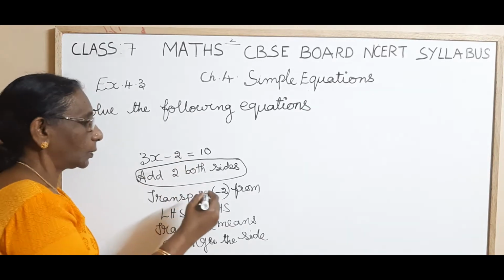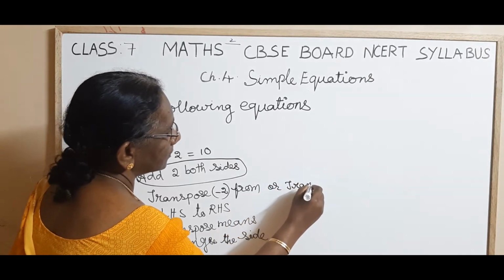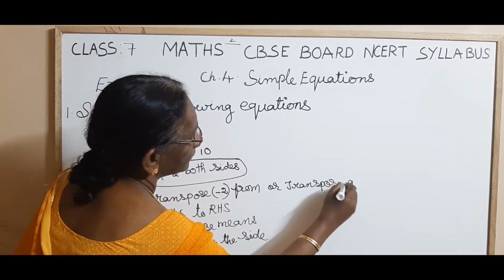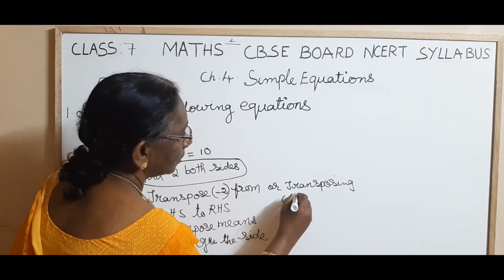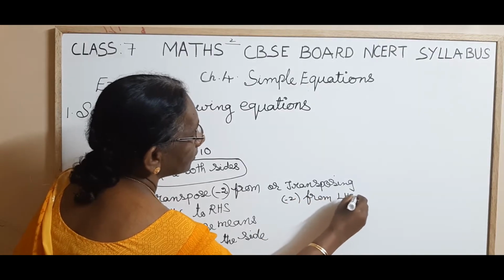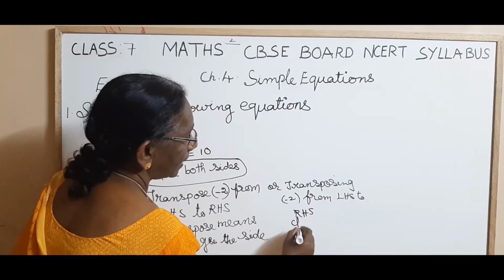You can write transpose or transposing minus 2 from LHS to RHS. That means what?